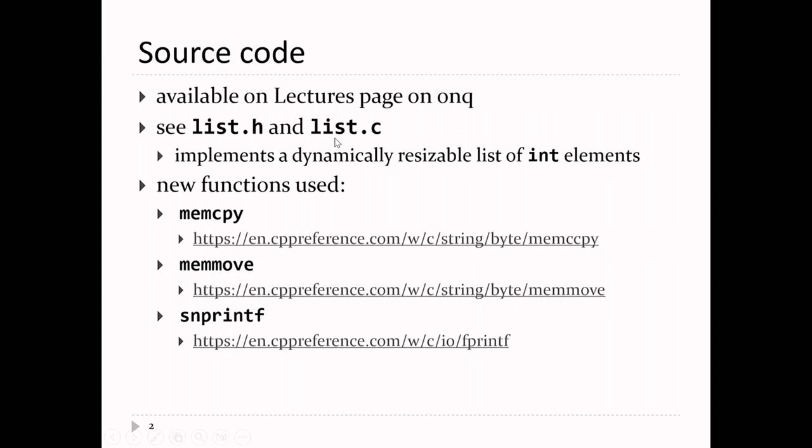We're going to put the implementation into a source code file, list.c. This is only going to work for int elements. So I can make a list of int, and that's it. We're not going to make a generic list that can hold anything. Not yet, anyway. We're going to need some functions that we haven't seen today yet, but we're going to look at those probably in the next lecture.